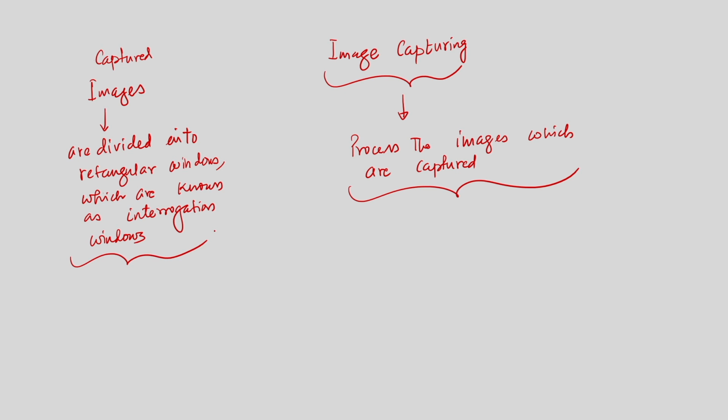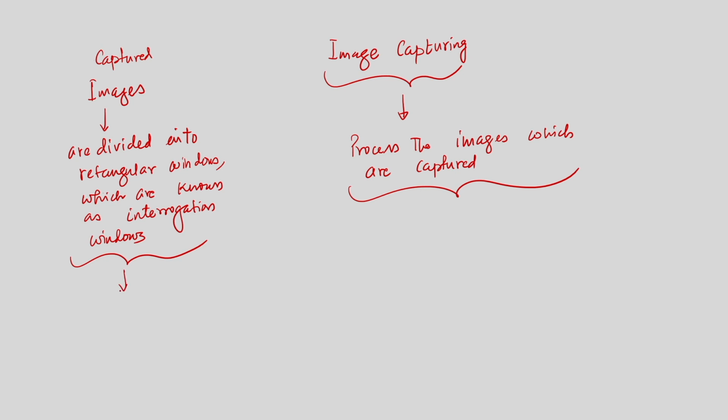And for each of these interrogation windows, the images which are captured from the first and second pulse of the light sheet are now correlated to form an average displacement vector.